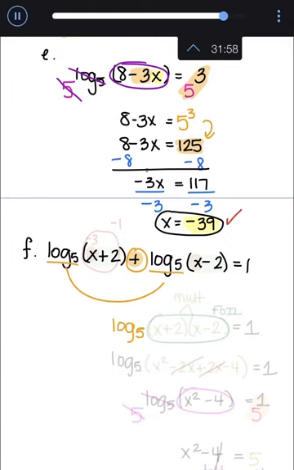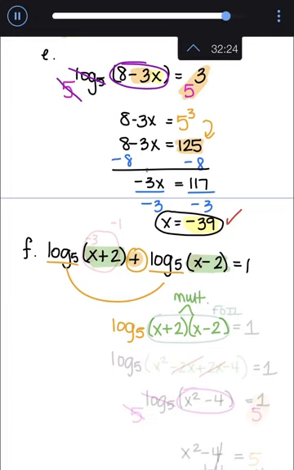And when you bring them together, what you do with what was inside is, if you remember right, you multiply those two. So we would take the x plus 2 and the x minus 2, bring them inside one log, and multiply.